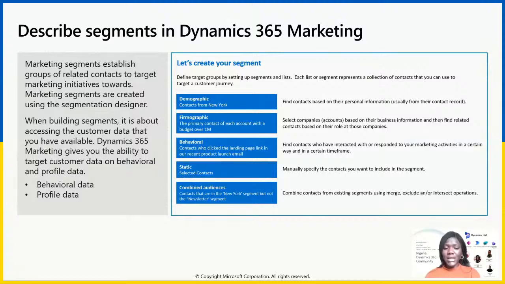So, marketing lists are significantly more limited in function than marketing segments. Marketing list members can either be dynamically or statically assigned. So you can dynamically assign them based on certain attributes, and or you can add them to your marketing list manually. That's what we mean by in a static manner.